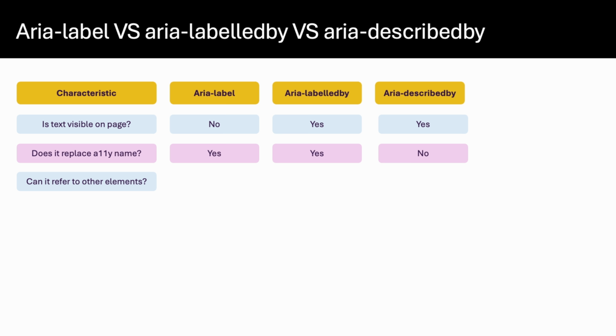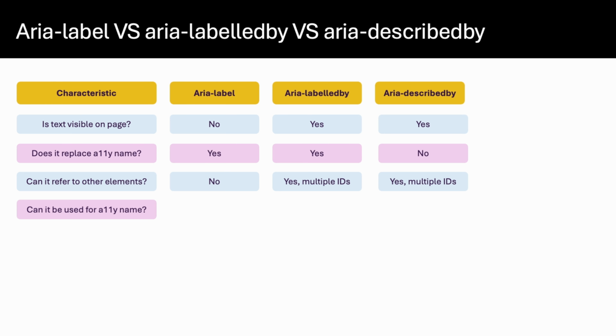Can it refer to other elements? In the case of aria-label, you have to provide the actual text in the attribute. But for aria-labelledby and aria-describedby, you can pass multiple IDs. Can it be used for an accessible name? As you might have guessed, aria-label and aria-labelledby, yes, but aria-describedby, it's not.